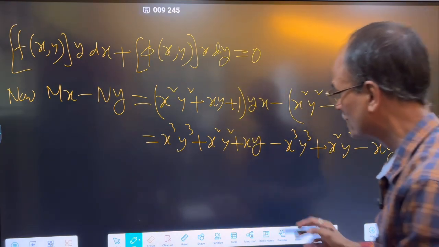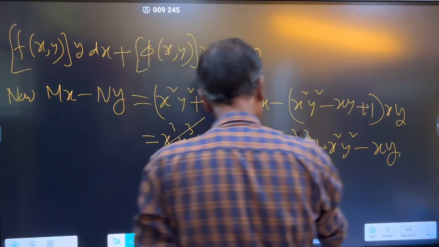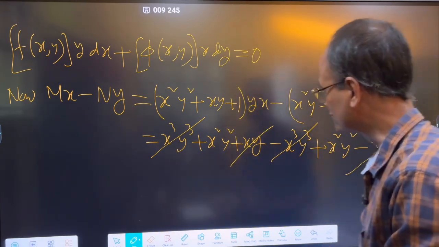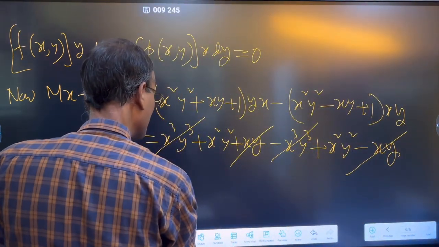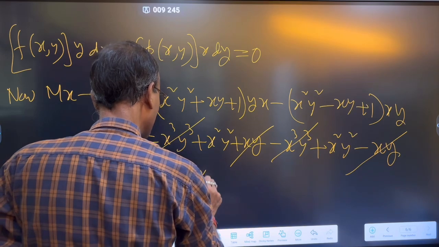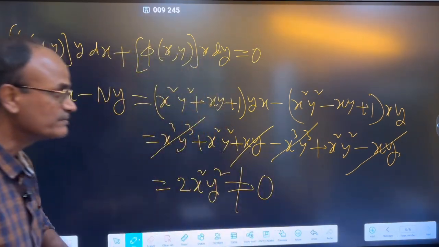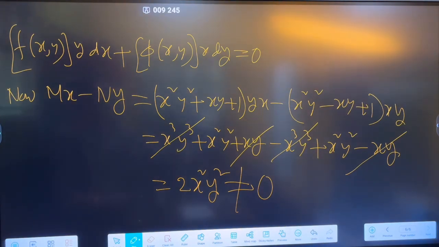Now these two terms will be cancelled, plus xy minus xy will be cancelled. This is equal to twice x square y square, which is not equal to 0.